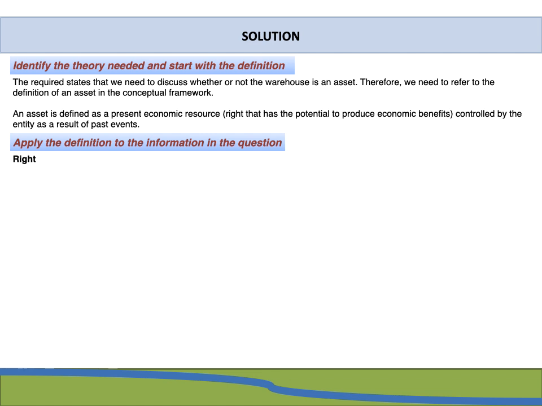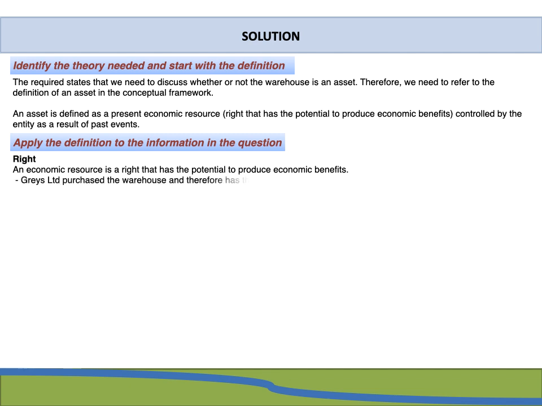Now, a right is where we have an economic resource that has the potential to produce economic benefits. So now we know that Grace Limited has purchased the warehouse, and therefore, because they have purchased this warehouse, they have a right to use the warehouse. Remember, we said one of the things that is a right would be ownership of a physical object.